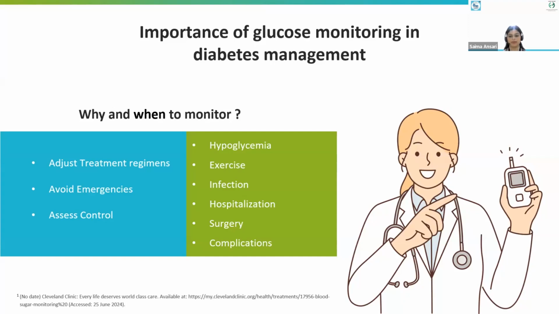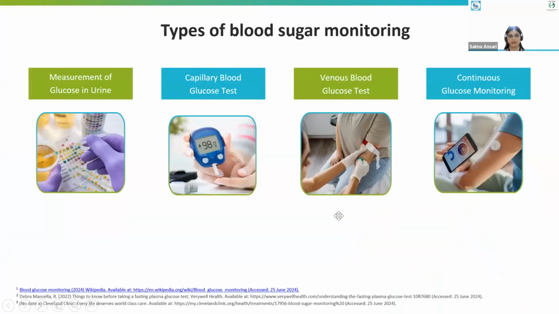In case of infection, so that healing and recovery is not delayed, we need to check sugars during hospitalization. For procedures, pre and post procedure, the glycemic range has to be monitored so that it is in the target range, and to prevent any complications as well.